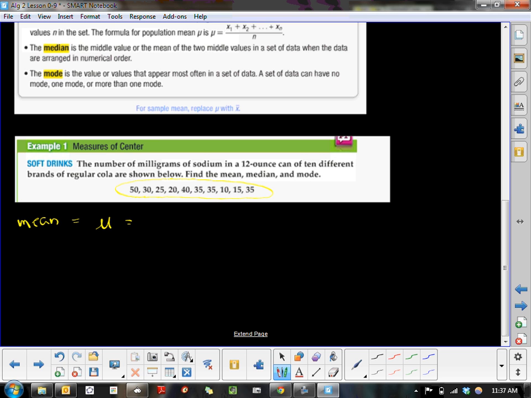10. So really it's the sum of all these: 50 plus 30 plus 25 plus 20 plus 40 plus 35 plus 35 plus 10 plus 15 plus 35. And then we'd have to divide by the total number of data values that we have, which are 10.